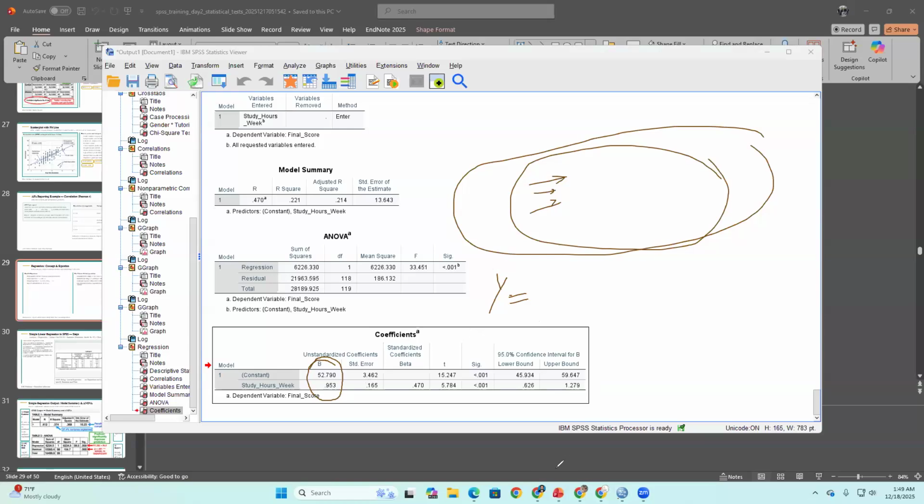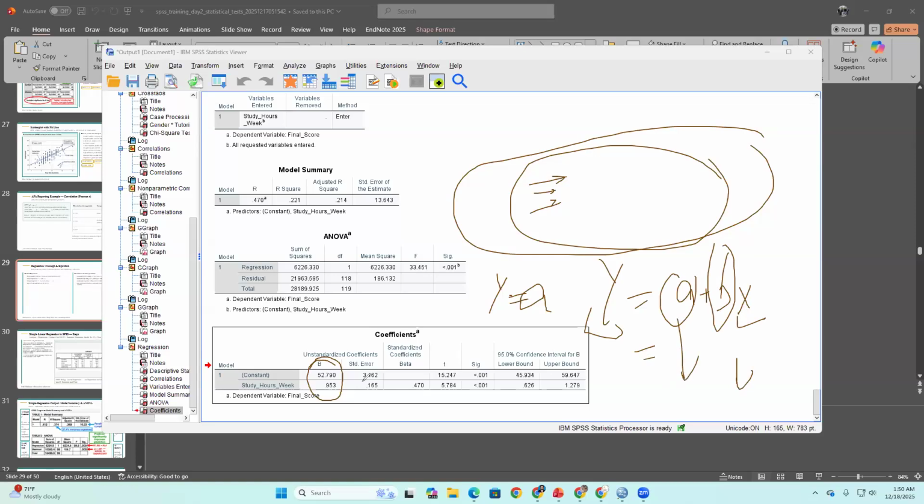Let me write the equation for you to make it easier. Your general equation is y equals a plus bx, right? So for y and x, you will get these values. Based on this, b is your slope and a is your intercept.